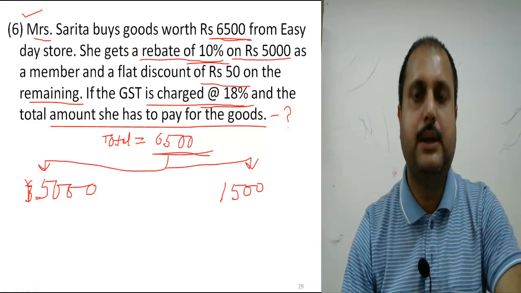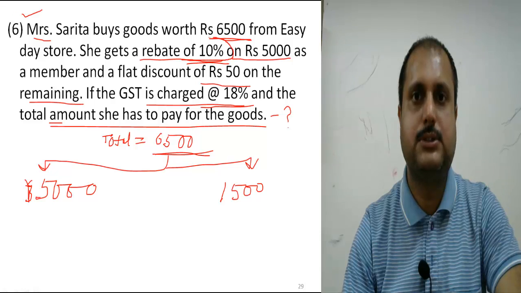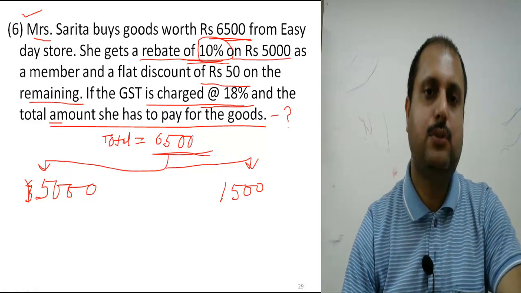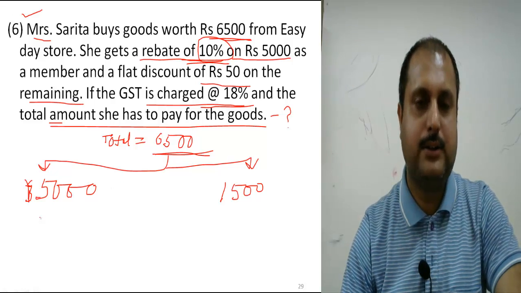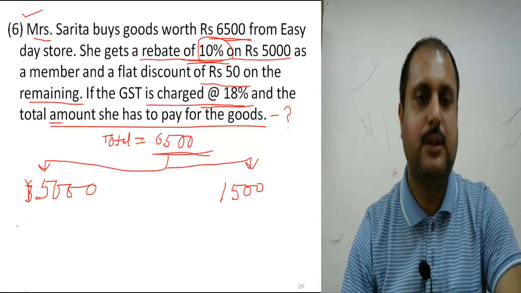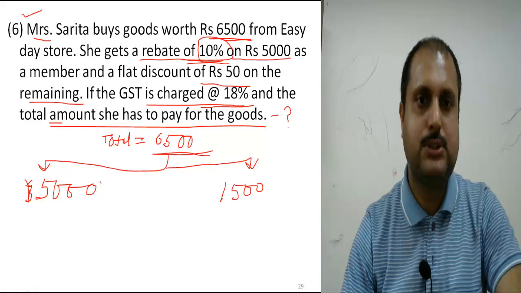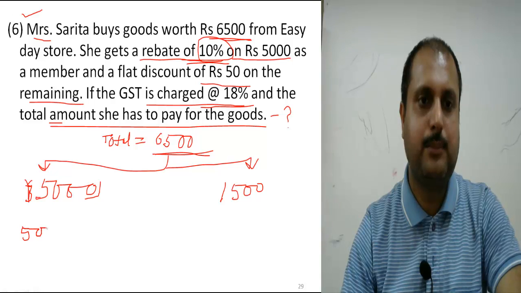So now the rebate she is getting is 10%. You can understand orally what would be the 10% of 5,000, as I have said in the last video and here also. The zero would be cancelled, and 500 would be the 10% of the 5,000.